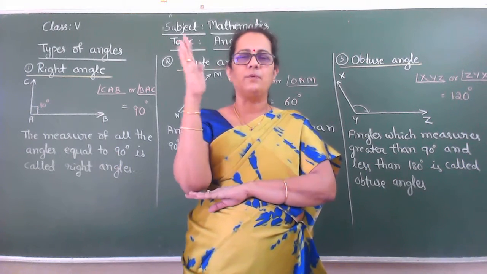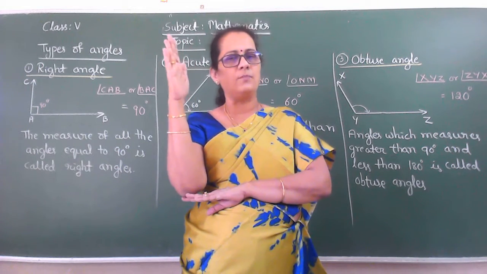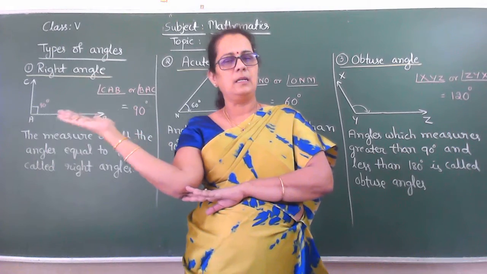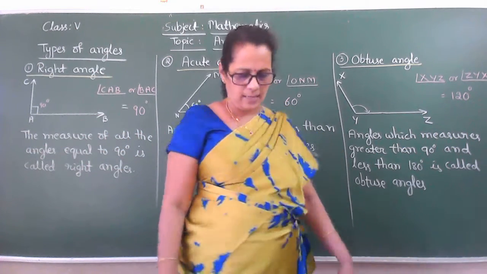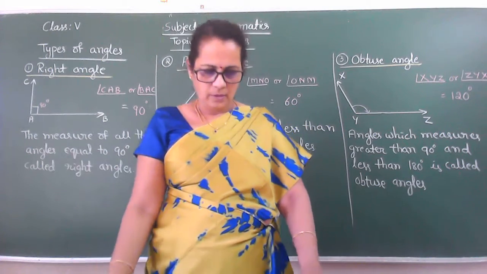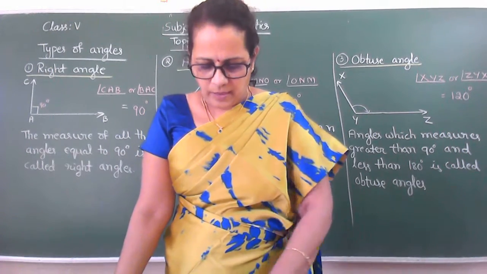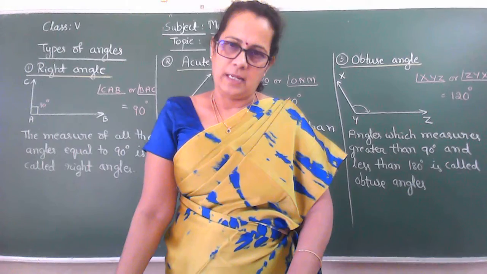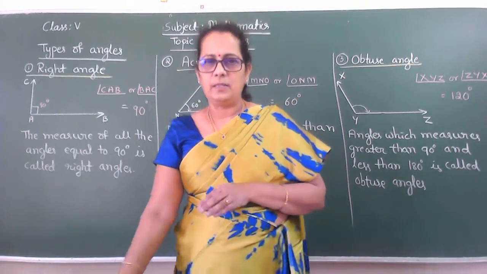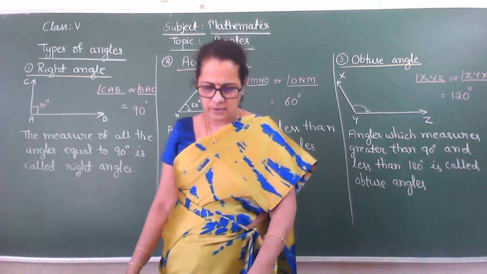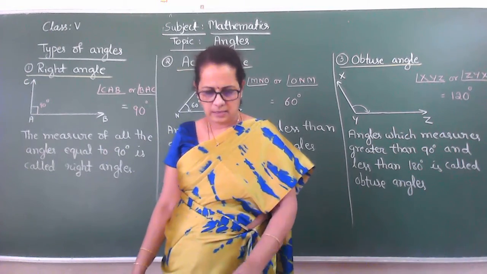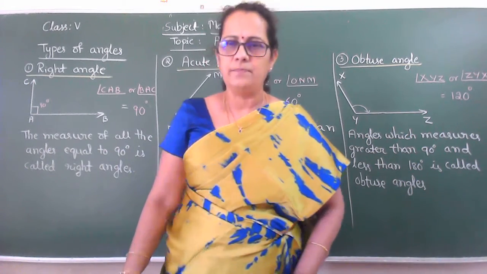Suppose it is more than 90 degree up to 180, then it is an obtuse angle. Okay, so today we learned the types of angles. You learn this, write it in your notes, then I'll give you homework in the next class. Okay, children, see you, bye.